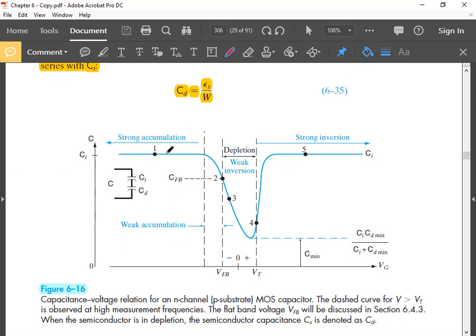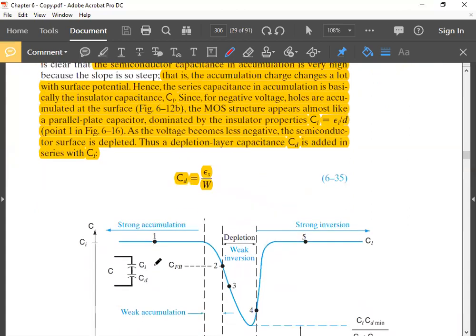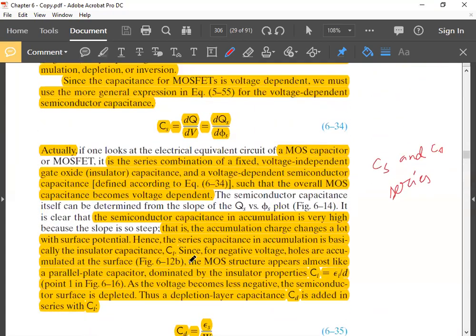When the gate voltage becomes more negative, more holes will come in under the oxide, and when the voltage becomes less negative, some holes will move out from that accumulation layer, right? Because of this movement of holes, with change of voltage there is a change of charge, right? dQs by d phi s.